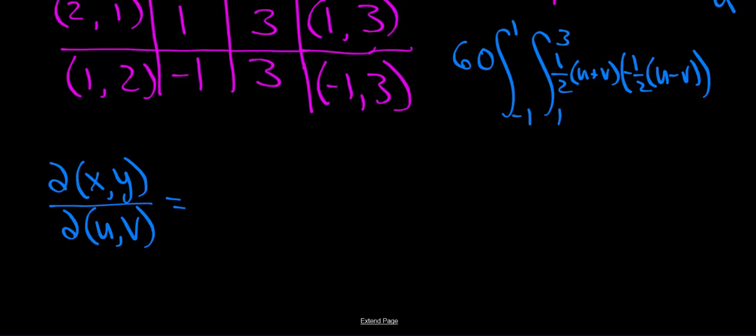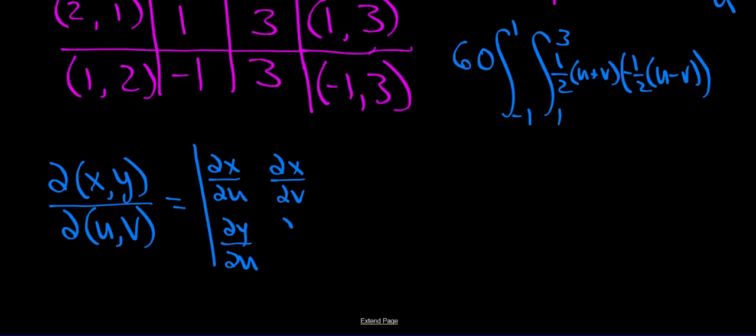So it's going to go like this: partial of x with respect to u, partial of x with respect to v, partial of y with respect to u, and partial of y with respect to v. Whatever that number comes out to be, you're going to use the positive.